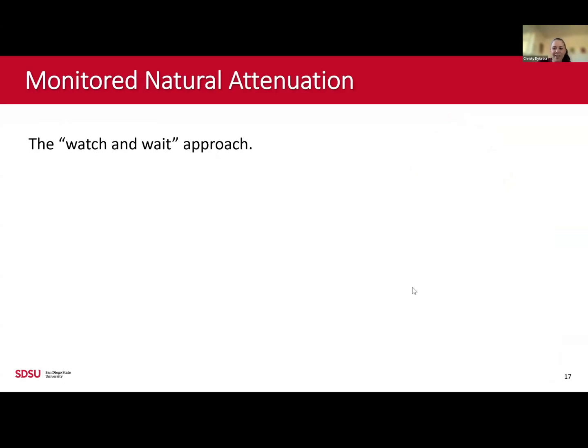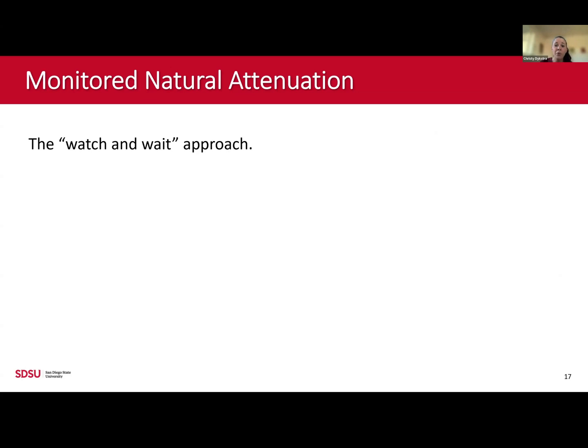All right, and then finally, we have what is called monitored natural attenuation, and this is what we call the watch and wait approach. And although it might seem counterintuitive to think of this as an approach to actually removing or remediating a chemical, it is a very valid approach if certain criteria are met.